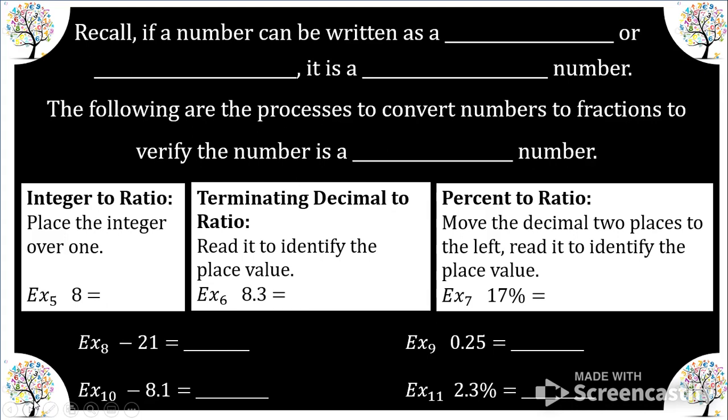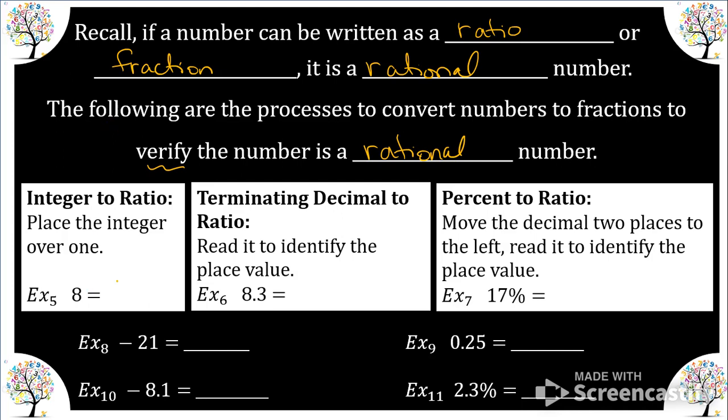Okay. Recall if a number can be written as a ratio or fraction, whichever term you like, it is a rational number. The following are the processes to convert numbers to fractions to verify or prove that the number is indeed rational. So sometimes you'll be asked to classify, but then prove that it is rational by turning the number into a ratio.